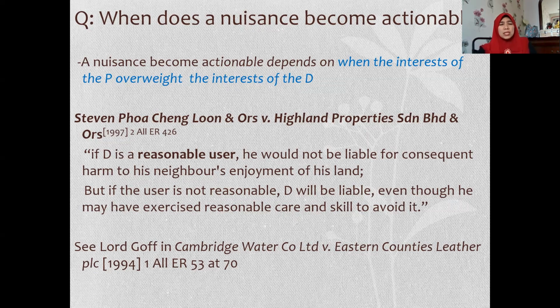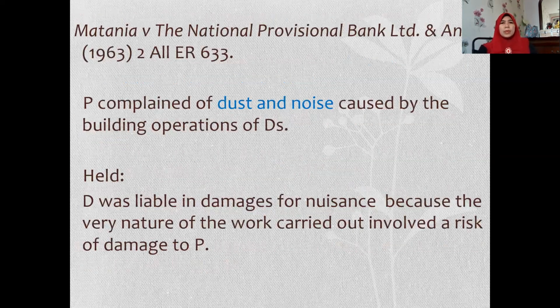But if the user is not reasonable, the defendant will be liable, even though he may have exercised reasonable care and skill to avoid it. So the emphasis is on the element of reasonableness. And actually the case referred to the common law case of Cambridge Water Company Limited v Eastern Counties Leather PLC.